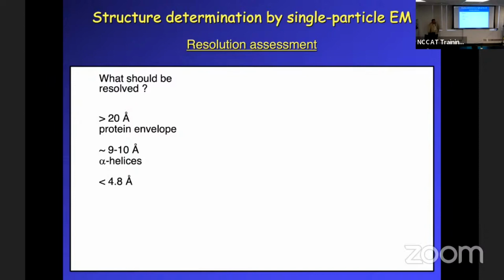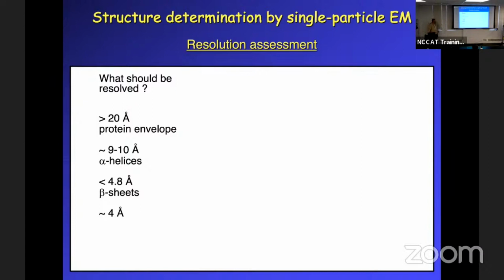What if you get to 4.8 angstrom? What do you expect to see? What's secondary structure? Yeah, you should start to resolve beta sheets. And then when you get to about 4 angstrom, what are the biggies?